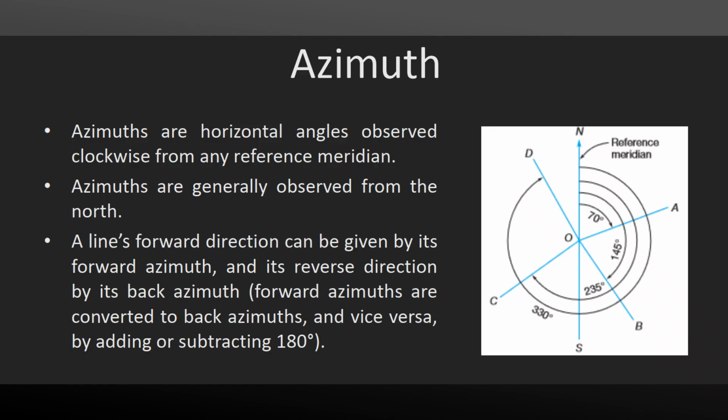So, the key difference to remember is that bearing uses an angle of less than 90 degrees together with the directional letters N, S, E, and W, while azimuth uses a clockwise angle from north expressed from 0 to 360 degrees.